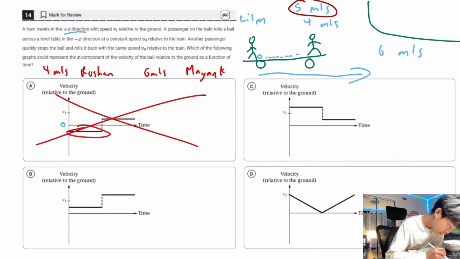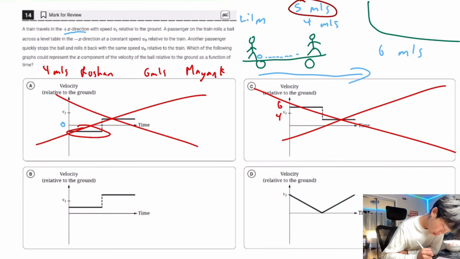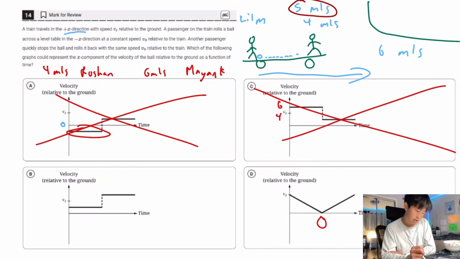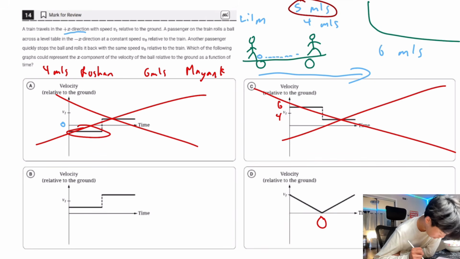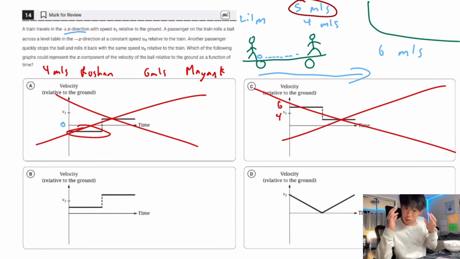It goes from 4 meters per second to 6 meters per second, which means it can't be this one, because this is higher. This would be the 6, and that would be 4. That one's wrong. Is it this one? No, because it never hits 0. Okay, wait, I'm slow. The reason it's not this one is because the velocity is not slowing down.